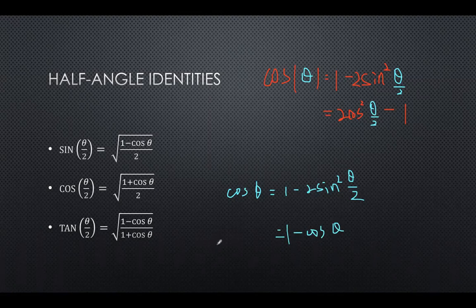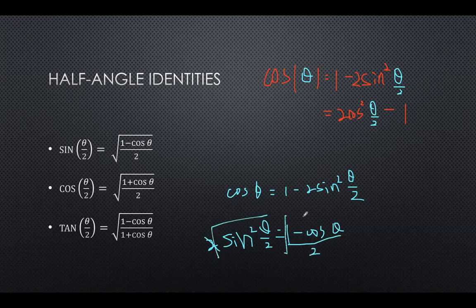You have 2 sine square theta over 2. Then divided by 2, and finally, you have the square, so you have to square root. Then we have sine of theta over 2 equals the square root of 1 minus cosine theta over 2.